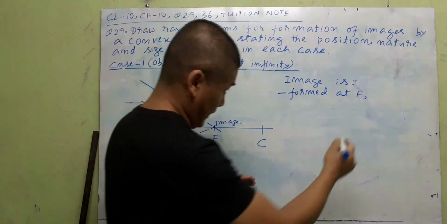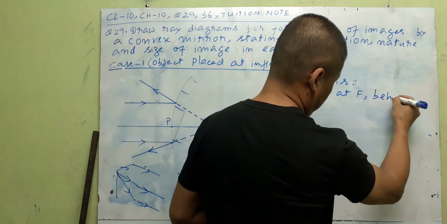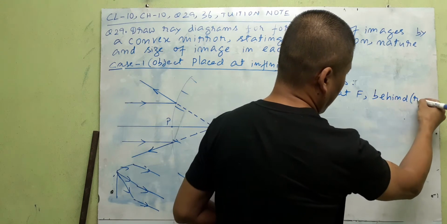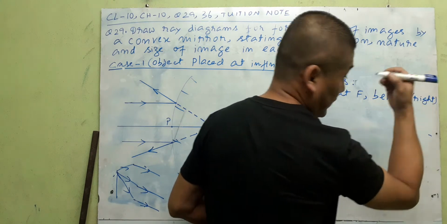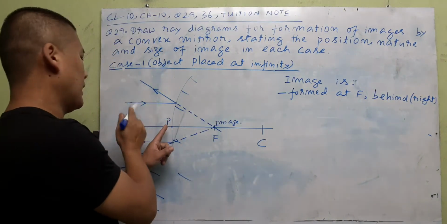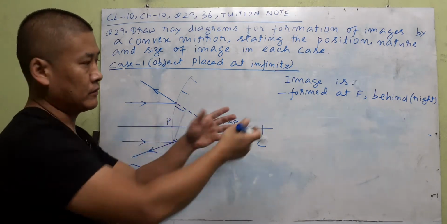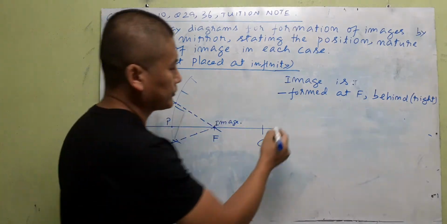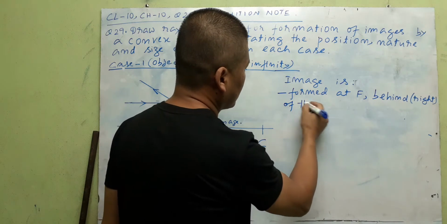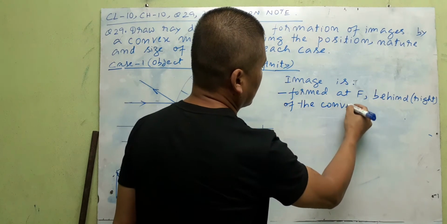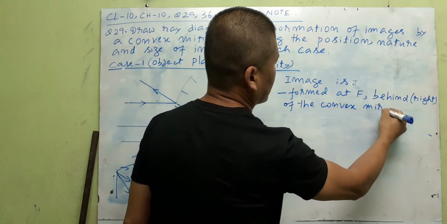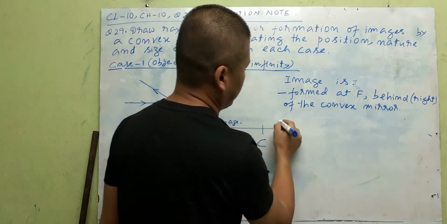Exactly at F, and it is behind now. Behind or right side? You will agree, right? See, this is in front, left side is in front, right side is behind. So behind or right of the convex mirror. So the position is behind the mirror at F.